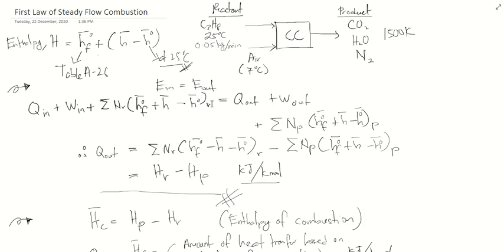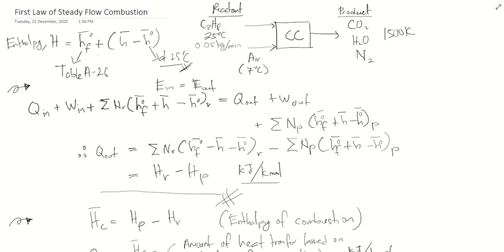For this one, R is the reactant, for both fuel and air, right? And next is equal to Q out and W out just now, plus the enthalpy of the chemical composition of the product, P. So for this case, CO2, H2O, or N2, right?